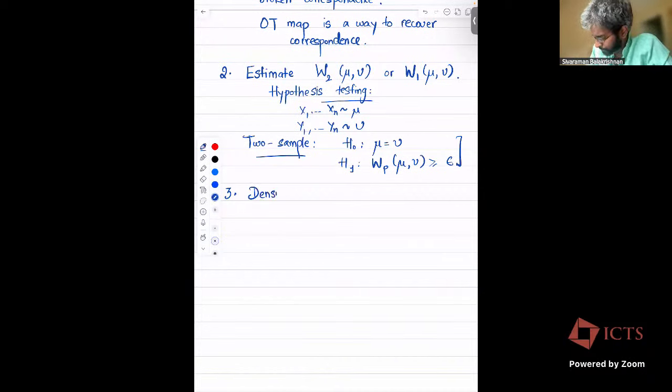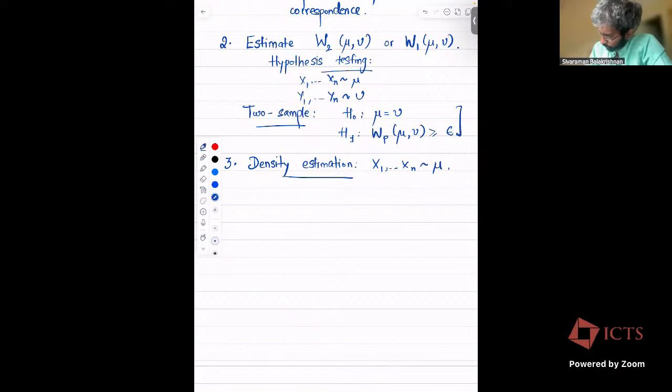I give you samples from mu, and I want you to solve the following problem, which is to construct an estimate mu hat so that its OT distance to mu is small, so that the, let's say, Wp distance between mu hat and mu is small.